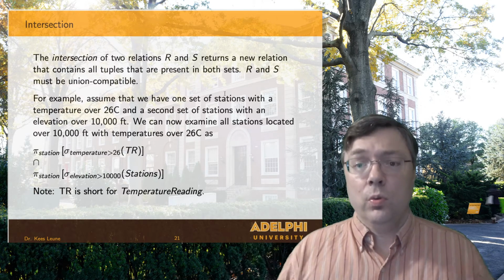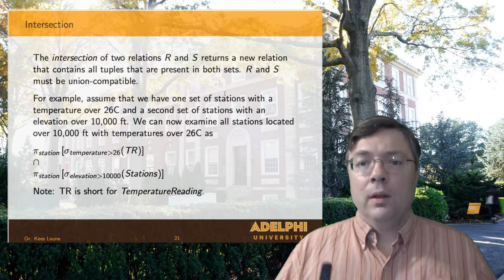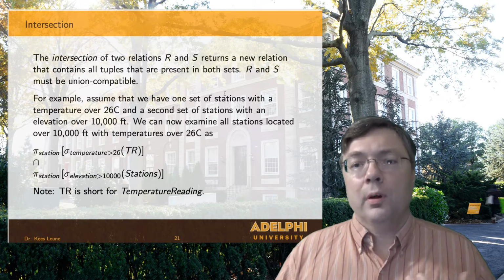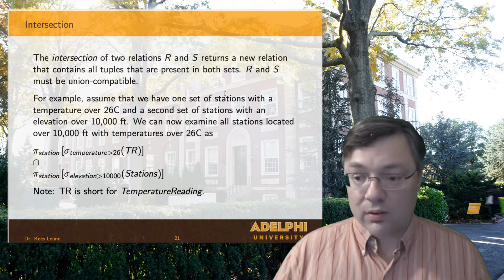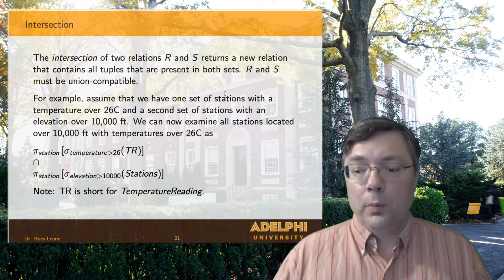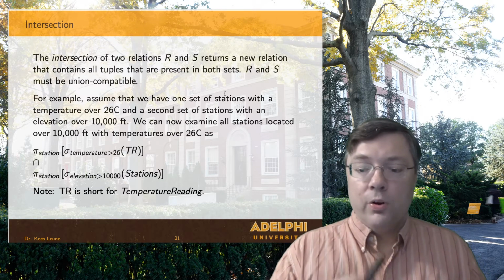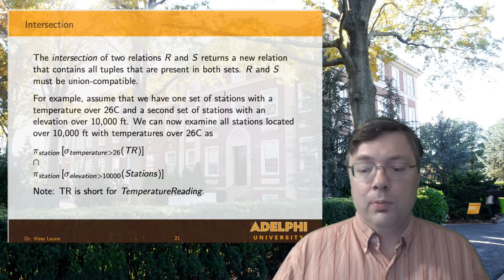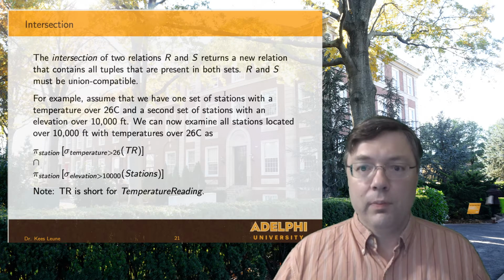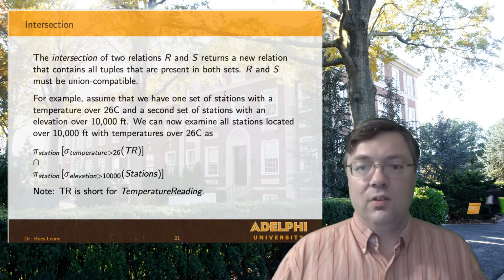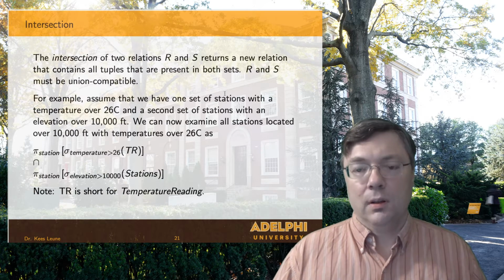It takes two relations and only returns those tuples that are present in both of the operands. And so look at the formula. The first one: project all the temperature readings with a temperature of more than 26 degrees Celsius, and from that only show me the station ID or the station name.